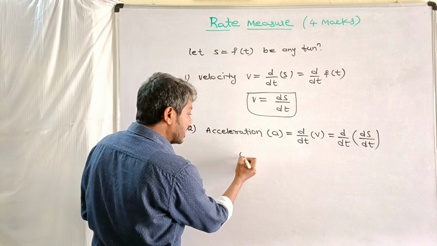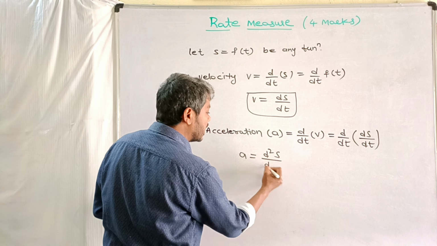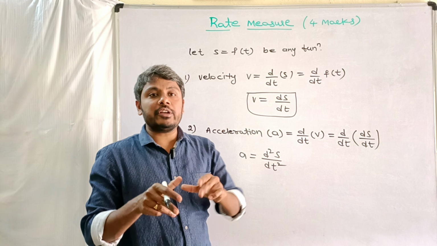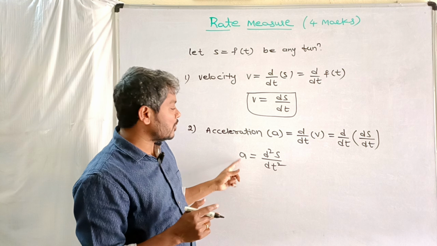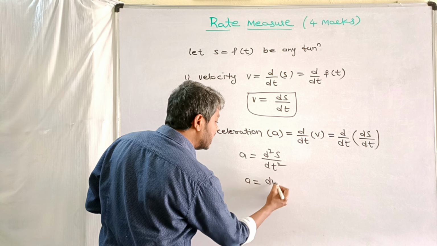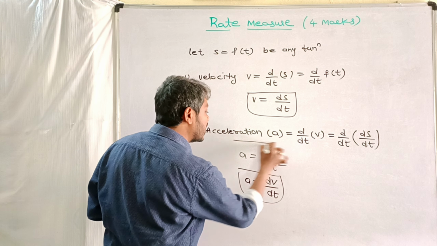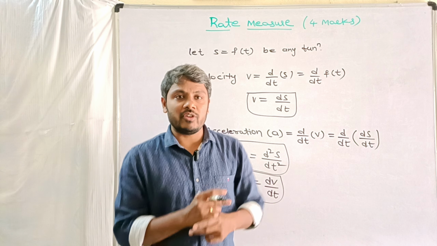So clearly acceleration a is equal to d square s by dt square. So if we differentiate the displacement function 2 times, we get acceleration, denoted by a. So simply a is equal to dv by dt or d square s by dt square. So this is the second formula.